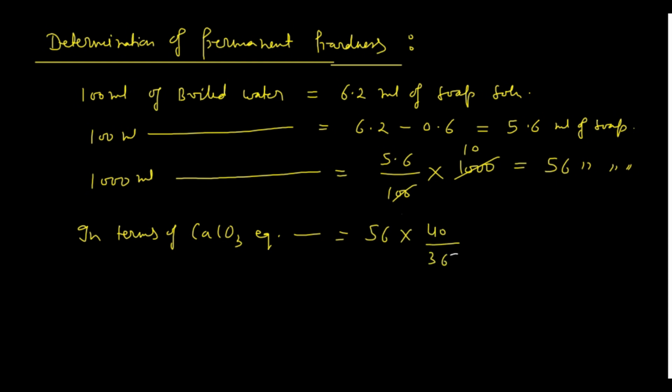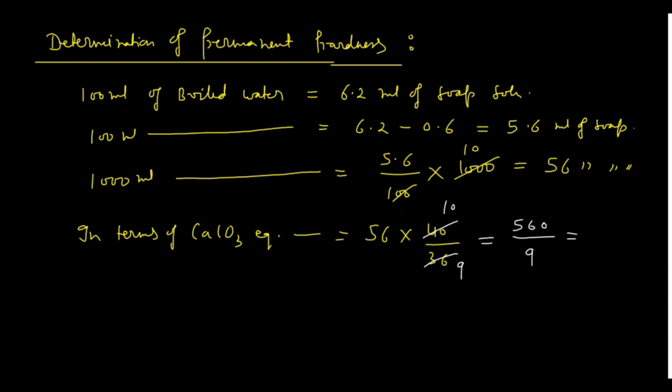If you do the calculation and cancel by 4, 4 9s are 36 and 4 10s are 40, and this gives you 560 over 9.